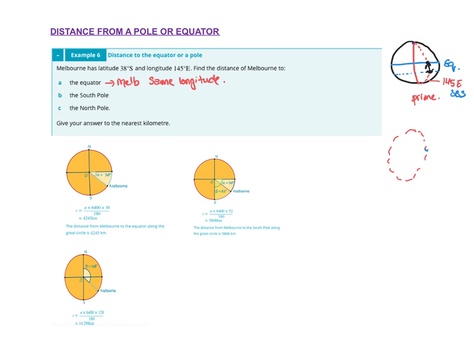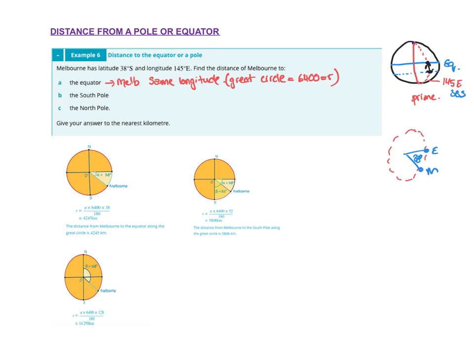What I mean by that is, here is the equator, and then here's Melbourne down here. Melbourne's latitude has gone 38 degrees. Remember, same longitude, and a longitude is a great circle, so the radius equals 6,400.